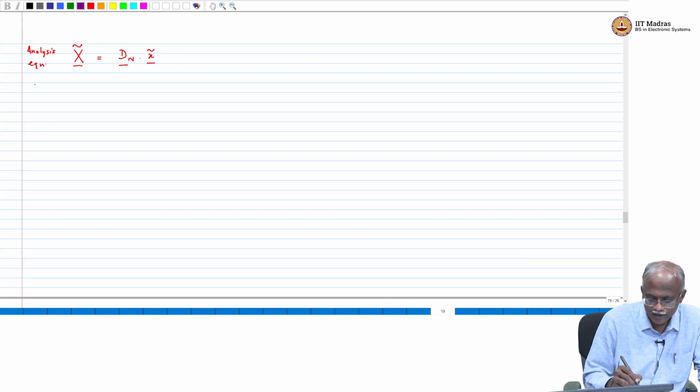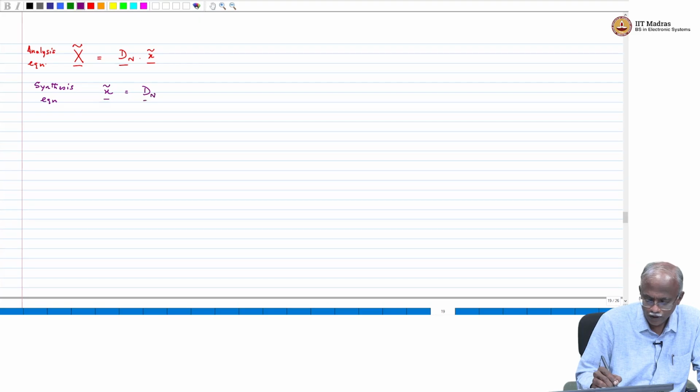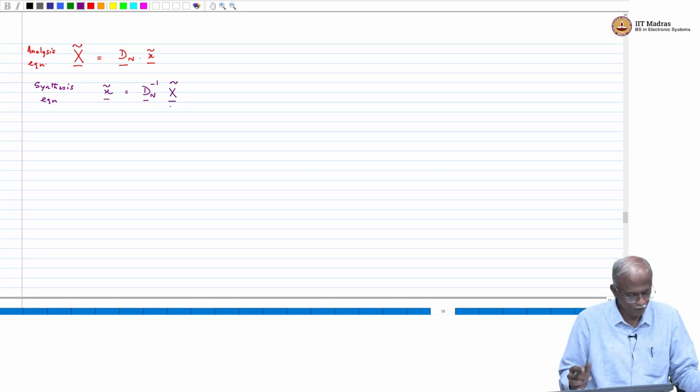Now, how do you get the synthesis equation? Synthesis equation means you must get the expression for x. So we say that x will be equal to d n inverse times uppercase x tilde.